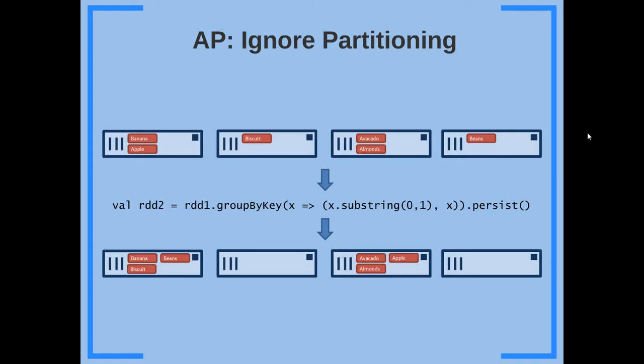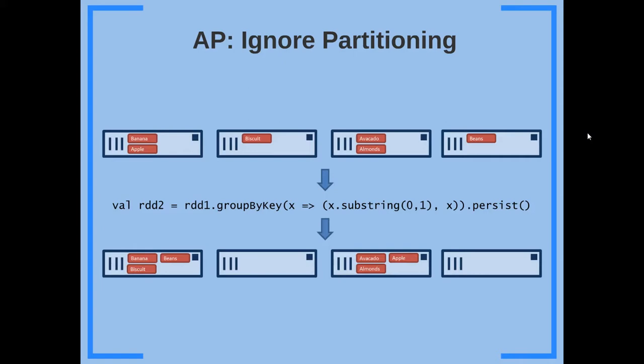Group by, every time you execute it, repartitions the data according to the key you give it. Here we're trying to do a group by the first letter of each word. Since our words happen to begin only with A's and B's, our data ends up on only 2 of the 4 machines, and so for any future operations, half our cluster is going to lie fallow and not participate in the computation.